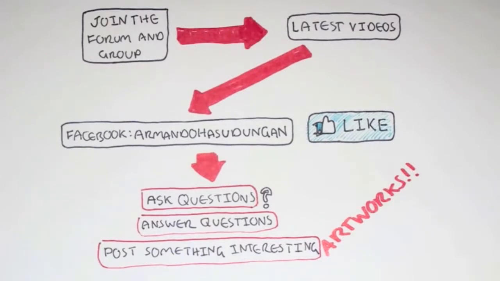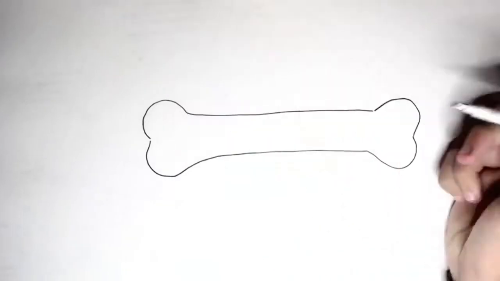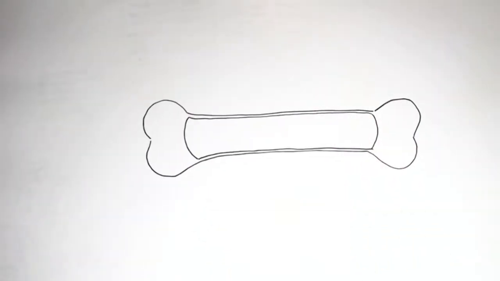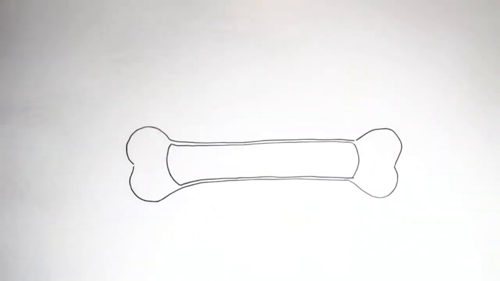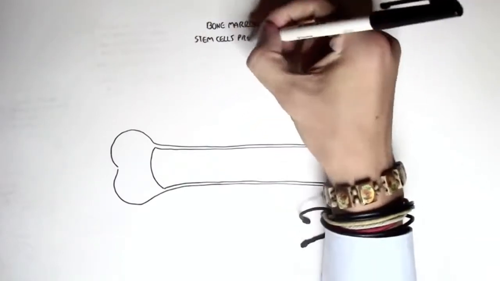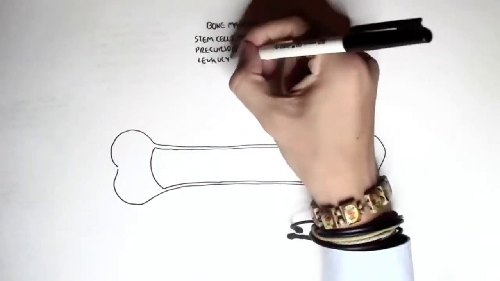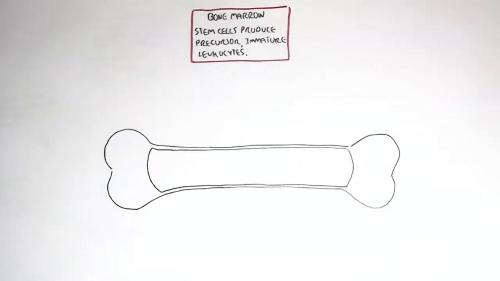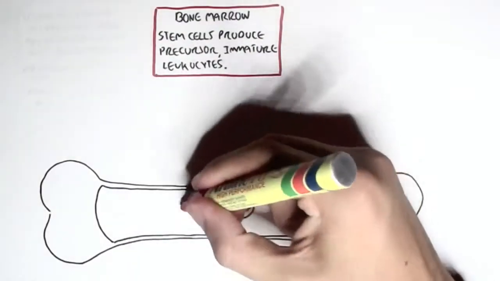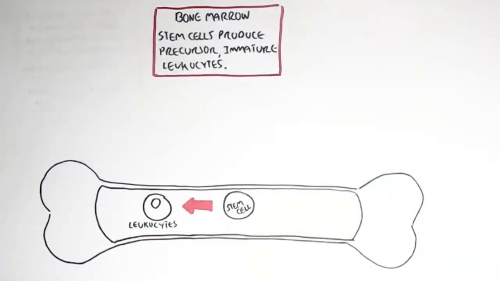In the previous video, part 1, we talked about the immune cells and how they arise from the bone marrow, specifically from the cells in the bone marrow known as the pluripotent stem cells. These pluripotent stem cells divide and give rise to different types of leukocytes.